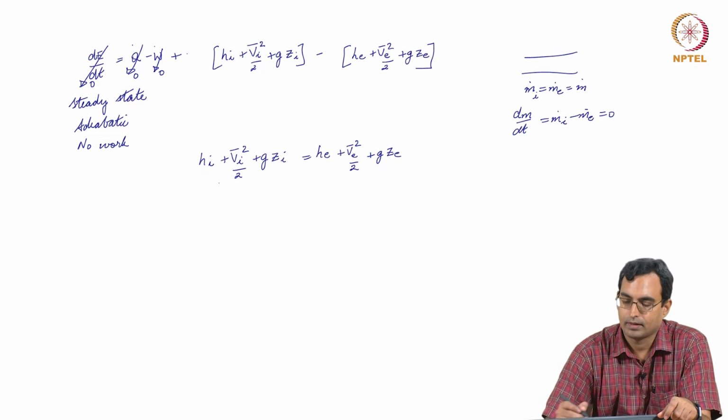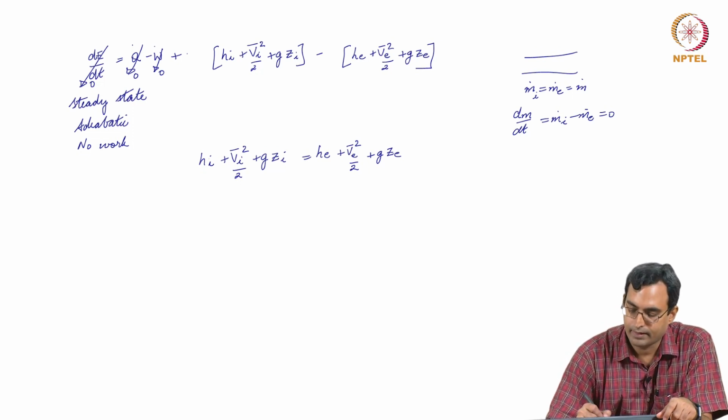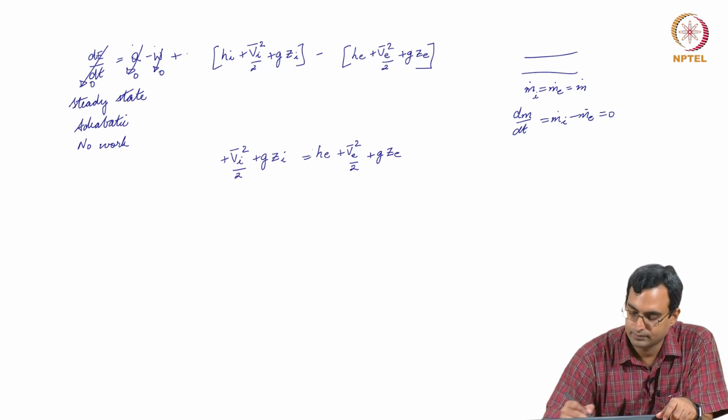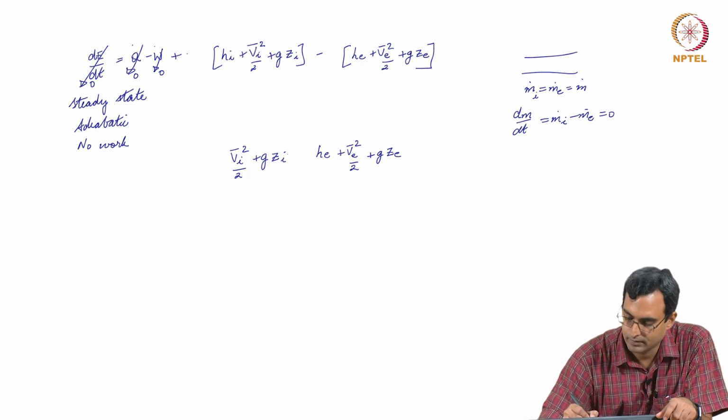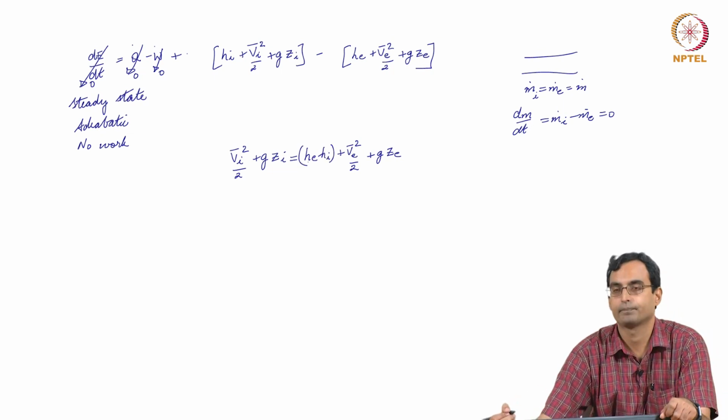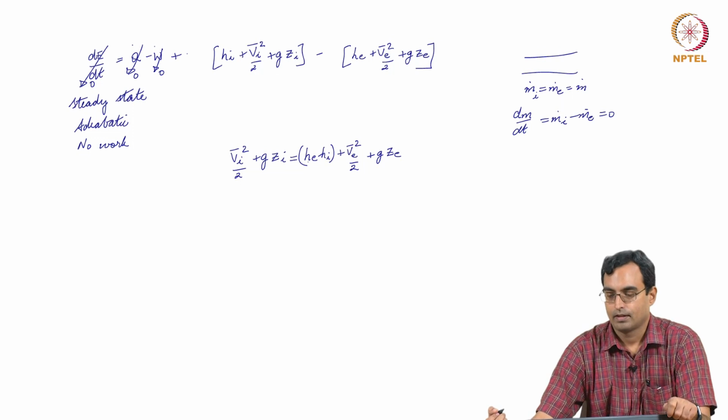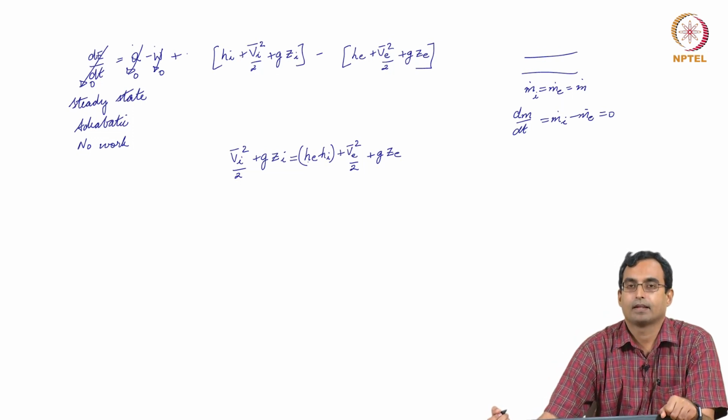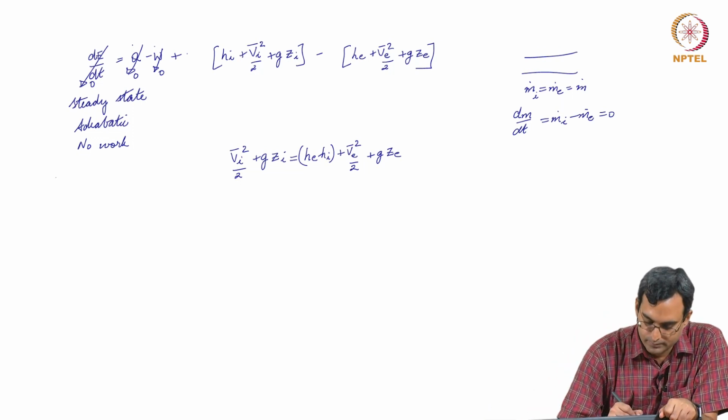What I can do is I can take this hi to the other side. So, then this becomes this. What I am also going to do now is assume that this is isentropic.